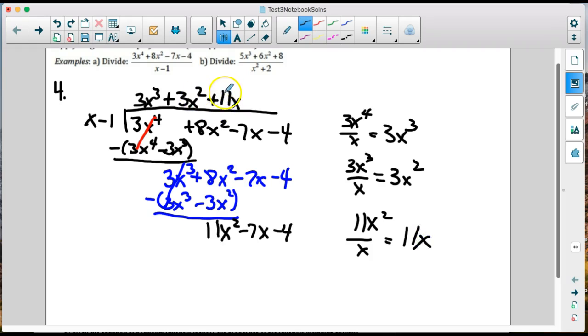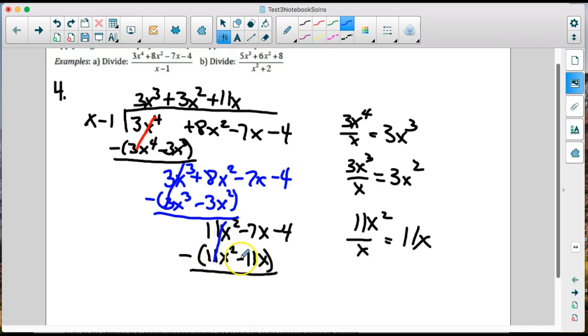We're going to multiply this 11x times both these terms. So we're going to get this matching term, 11x squared. And 11x times negative 1 is minus 11x. We're going to subtract. So we will get these two terms dropping out.